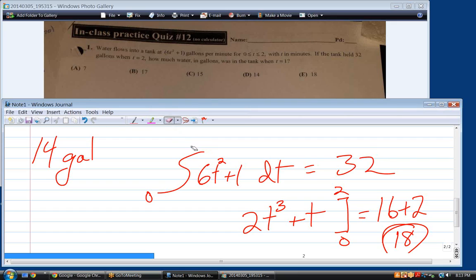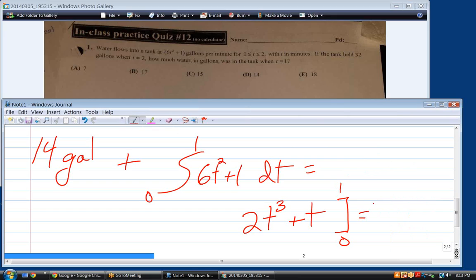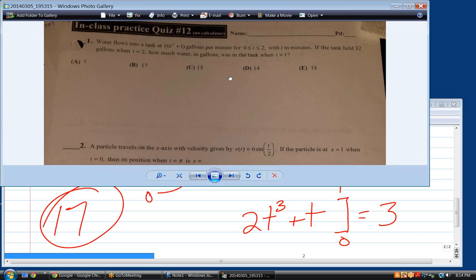So to figure out how much it had in the beginning, or at 1 minute, it's going to be that. So if we evaluate this thing at 1, we get 2 plus 1, or 3. So in the first minute, only 3 gallons flowed in, so 17. Yeah. Is that what you said? Yeah. Okay.